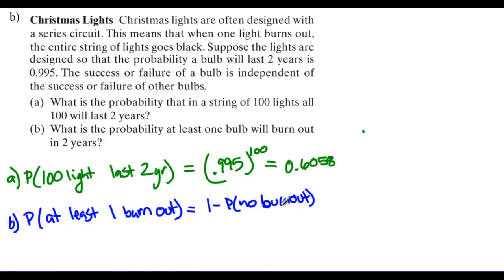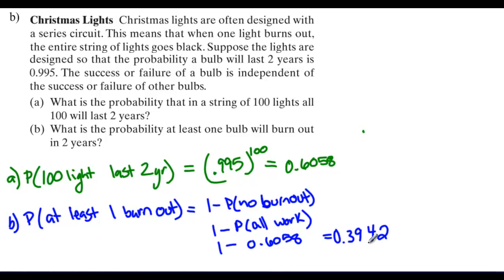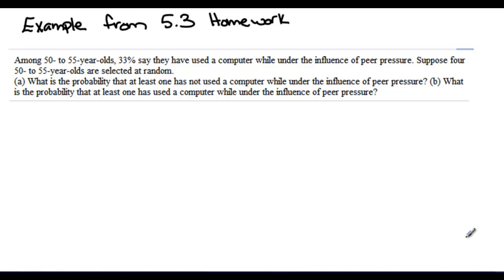Well, if you have no burnouts, that means that all 100 of these are working. So we're going to have 1 minus the probability that all work, which is 1 minus that 0.6058, which is going to give us 0.3942.